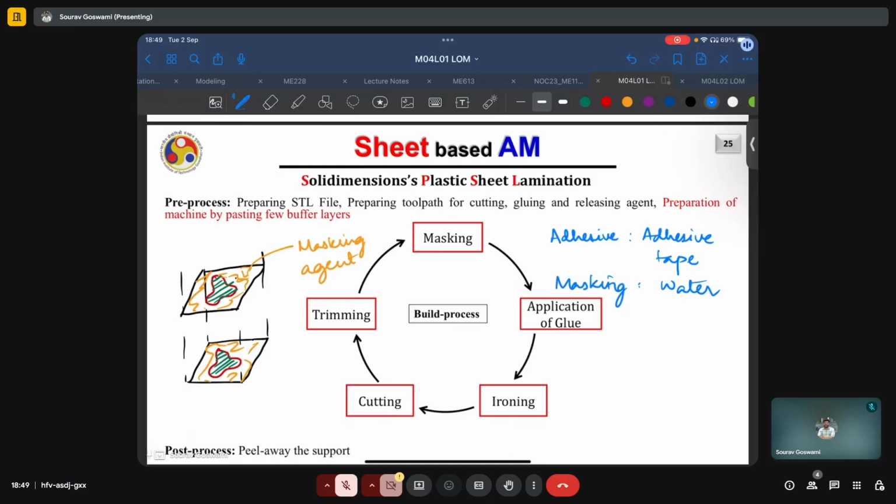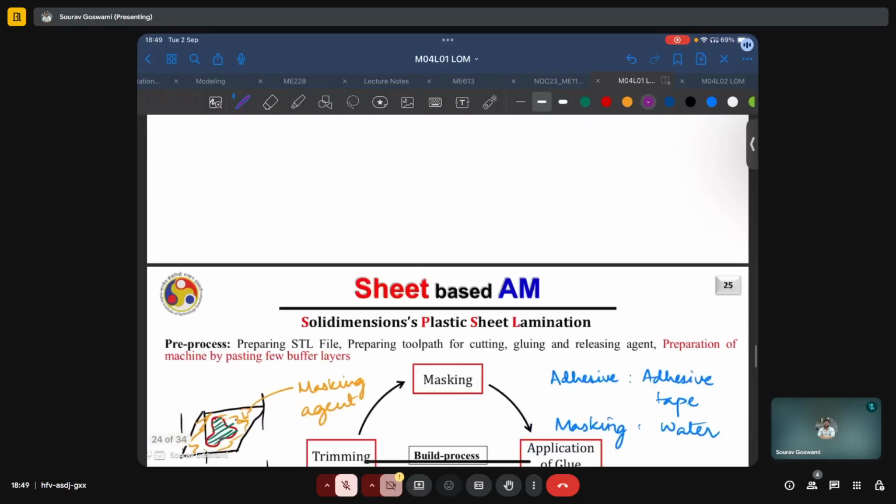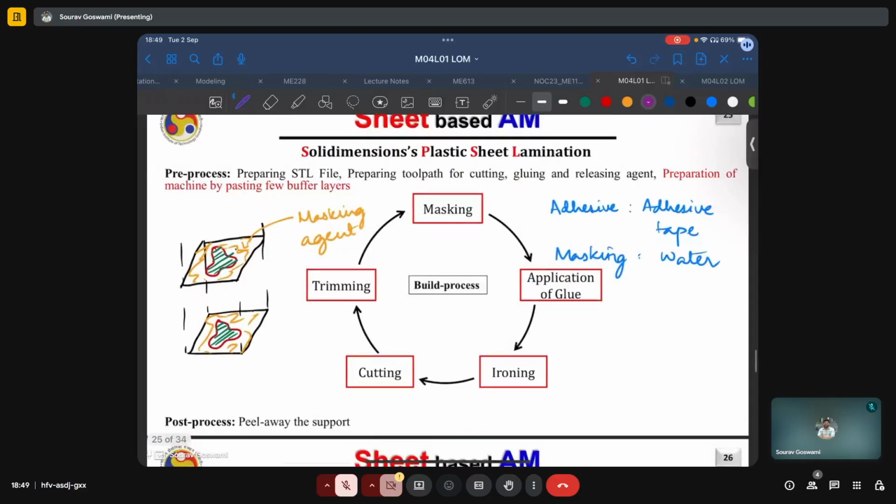Here, the regions which are not desired to be joined together and are effectively to be removed are covered with this masking agent, whereas adhesive is only activated in regions which are desirable. To remove all of these undesirable regions, we have this method of peel away, where successively for each layer they will be joined at a few points.